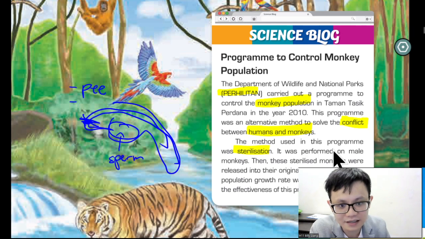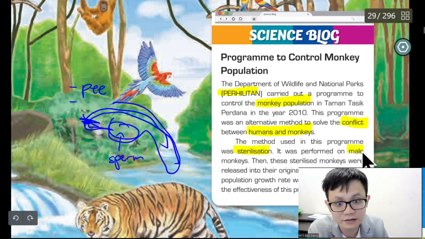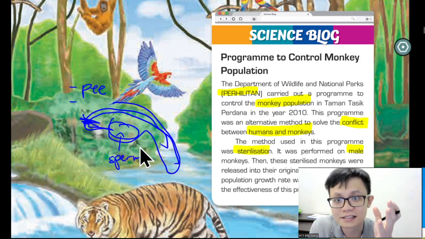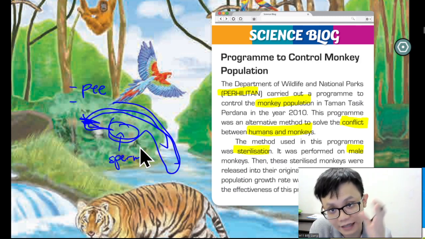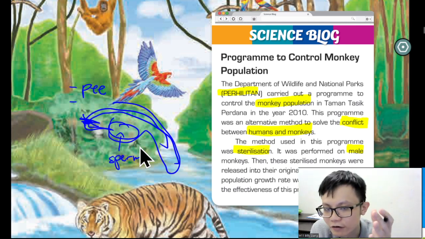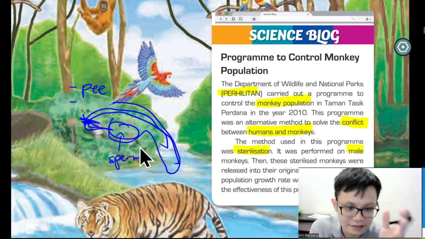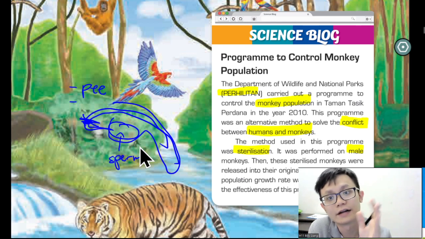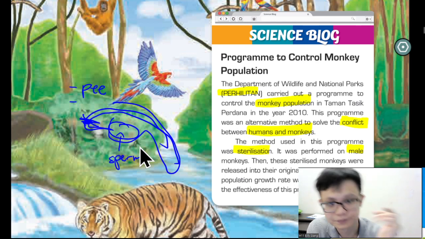Okay, so they sterilize the male monkey. Of course, it's a logical thing to do because it's safer and easier for a male than for a female. Sorry, I said it the wrong way. It's safer for a male to do the sterilization operation, rather than the female.